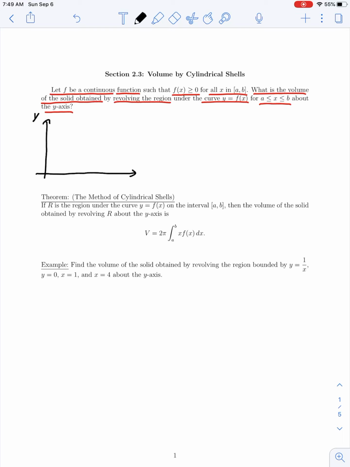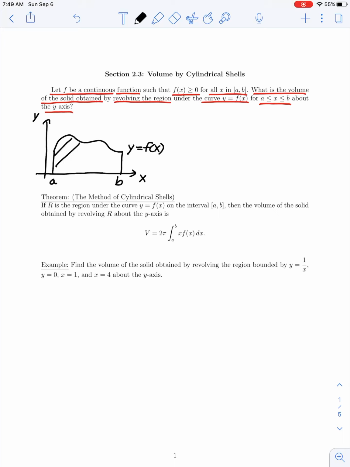So we have in the xy plane the graph of some function y equals f of x, which is non-negative, so our graph lies above the x-axis. And we're looking at the region under the graph of this function and above the x-axis on the x interval from a to b.